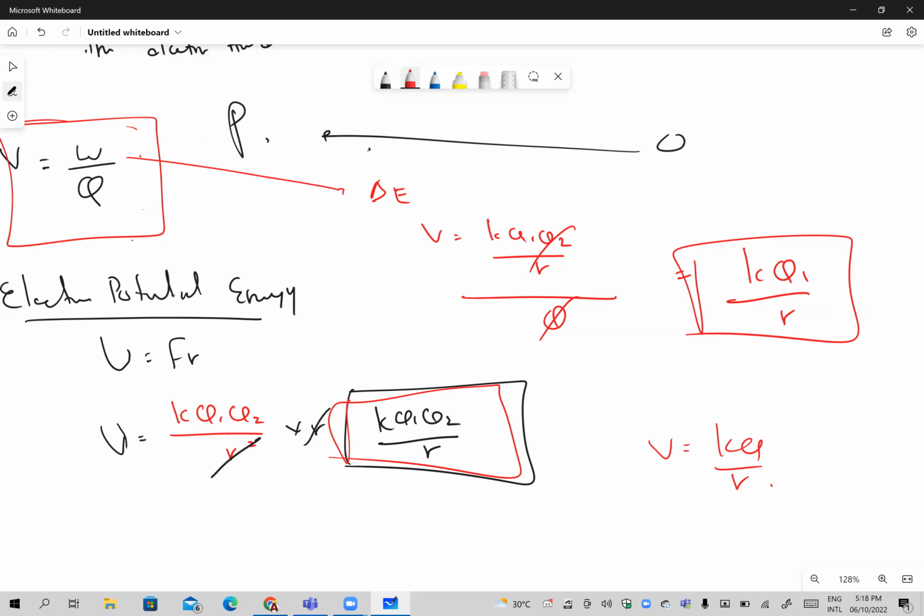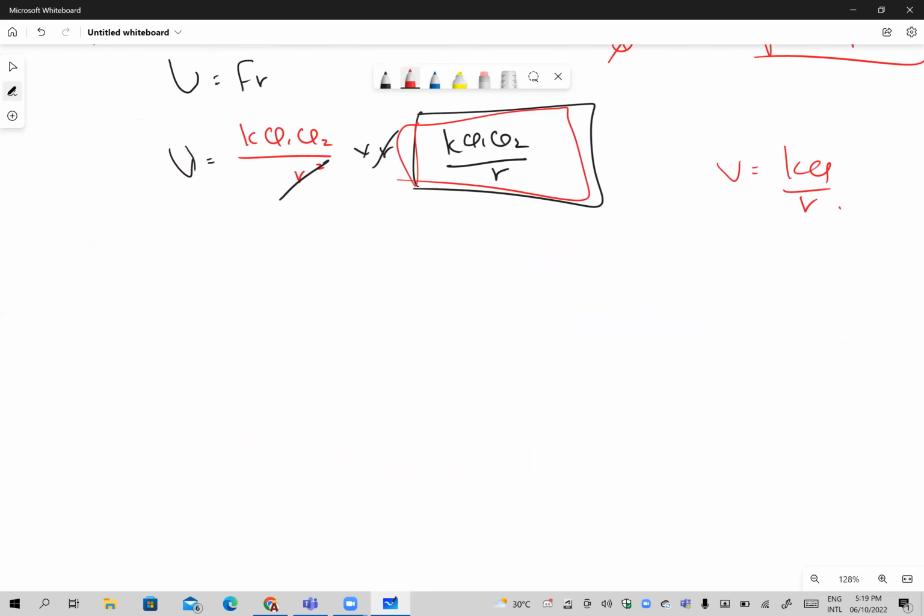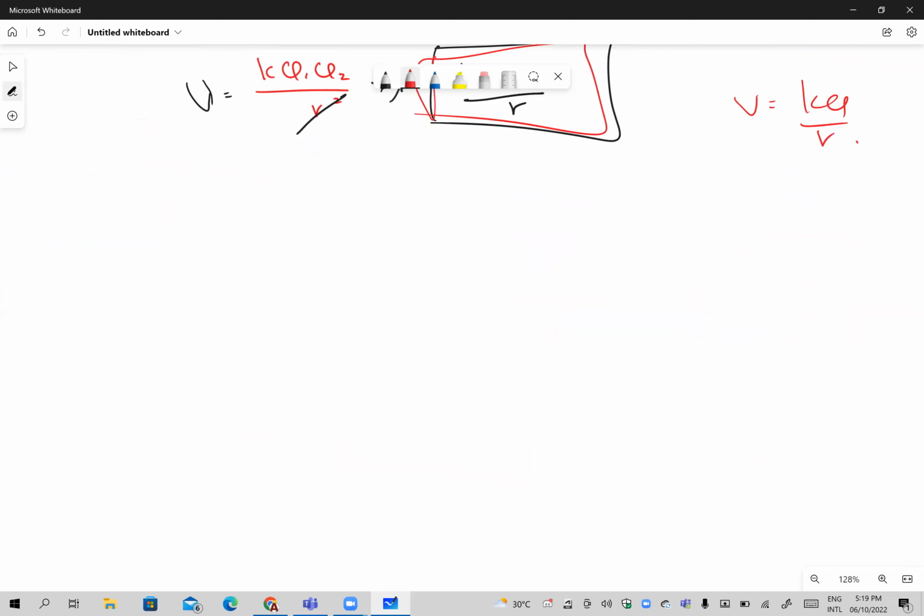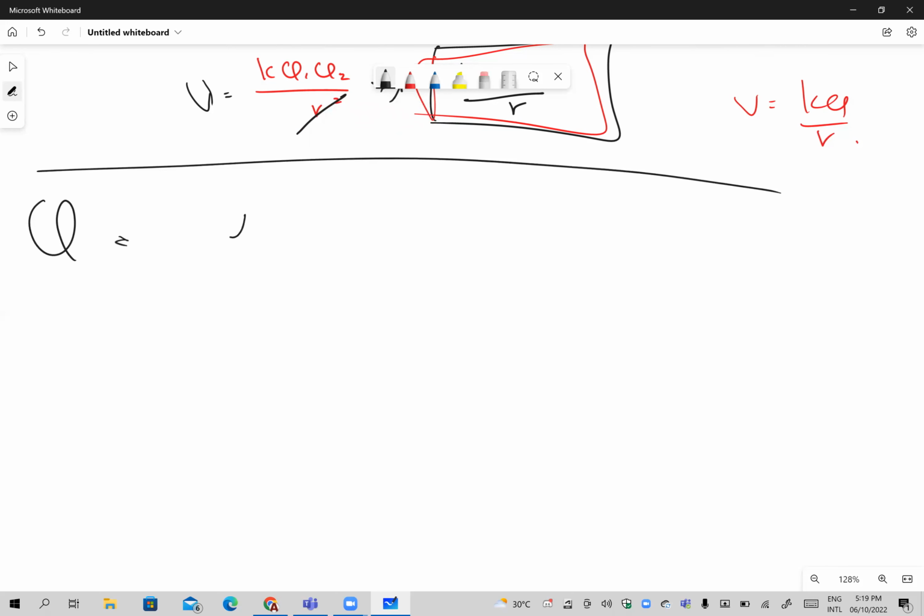All right, let's do an example question here. I'm going to write the question here so that we'll solve it together. For example, the question says that there's an alpha particle that covers a distance of 0.5 times 10 to the power of negative 12 meters.